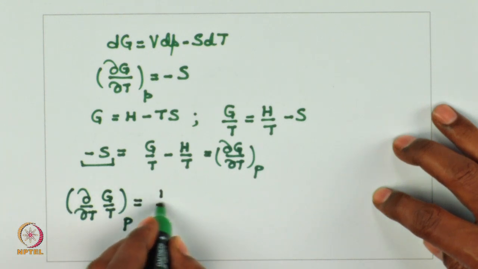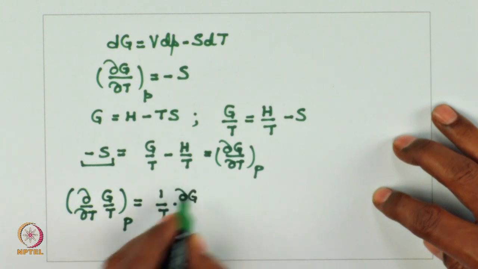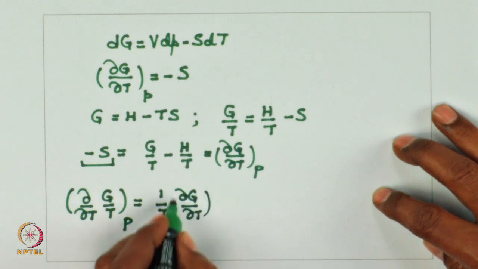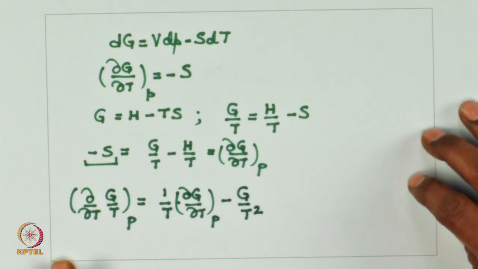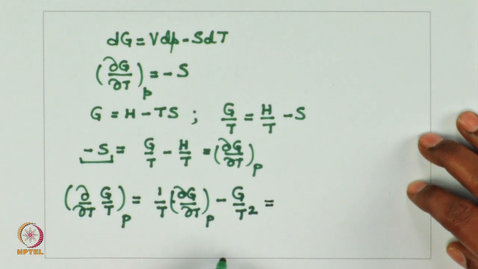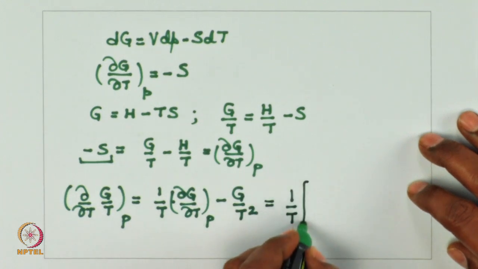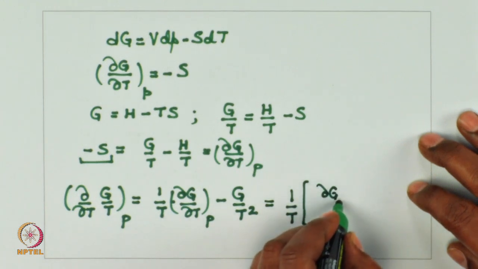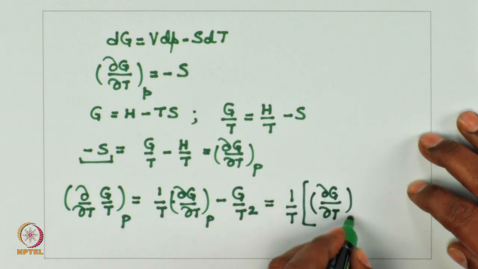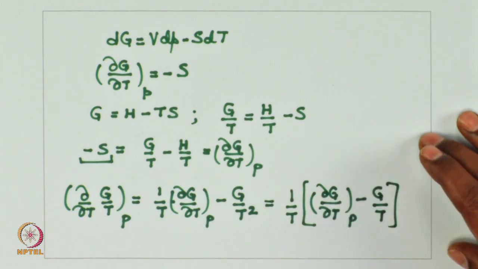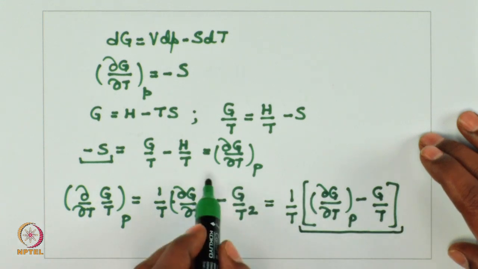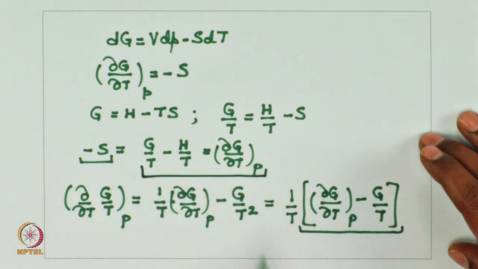This is 1 by T into partial derivative of G with respect to T at constant pressure minus G by T square, which is equal to 1 by T into dou G by dou T at constant pressure minus G by T, and this information I can get from here, what we derived.